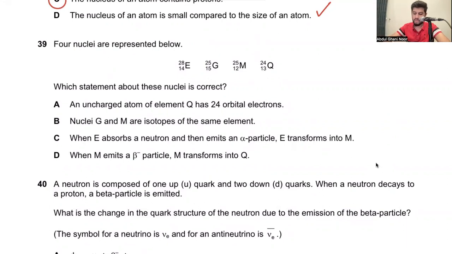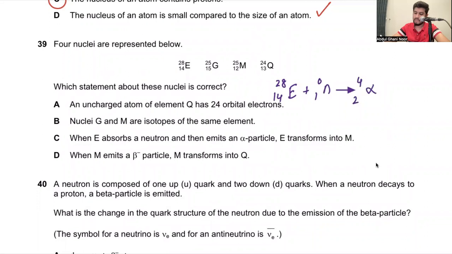When E absorbs a neutron and then emits an alpha particle, E transforms into M. Let's see. So E is 28, 14. So E absorbs a neutron. A neutron is 0, 1. And then they want it to give out an alpha particle where alpha is 4, 2.